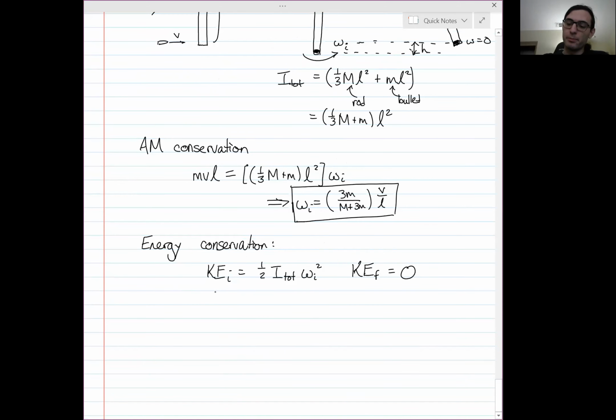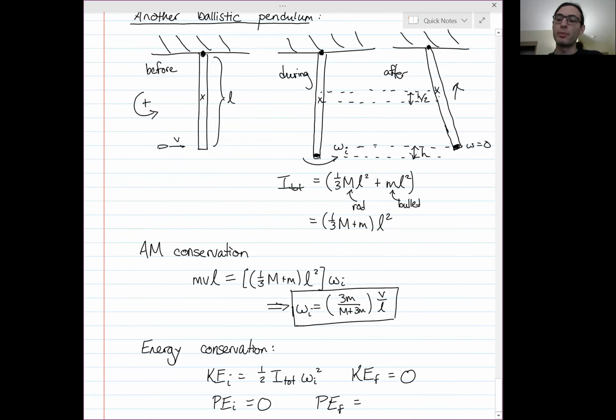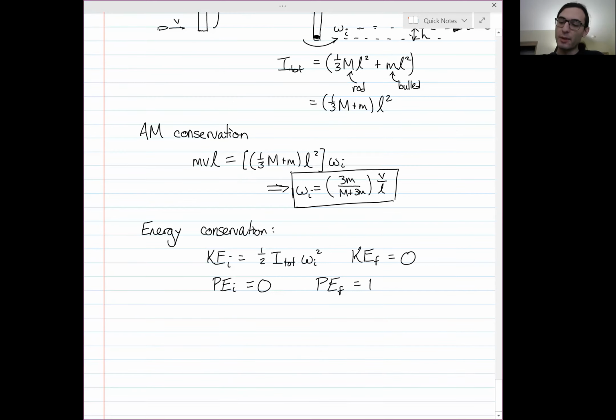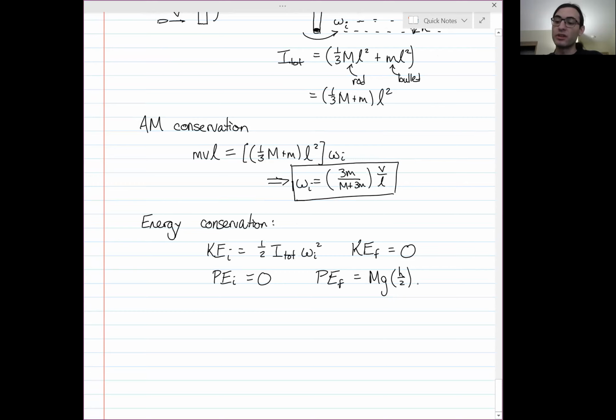The initial potential energy, let's just call it 0, and the final potential energy will be how much it changed by. So we know that the center of mass went up by h/2 units, so it's capital M g times h/2. And the mass of the bullet went up by h units, so this is m g h.